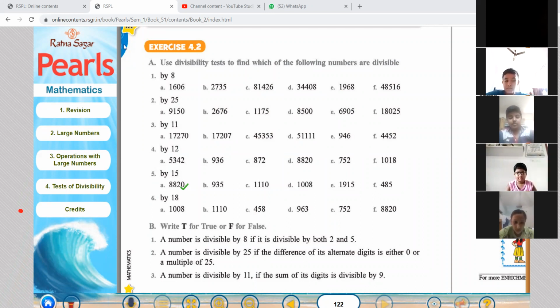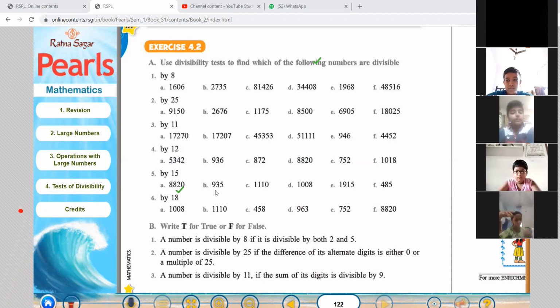So 18 is divisible by 3, and that's why we can say that the number is divisible by both 3 and 5, and hence it is divisible by 15.